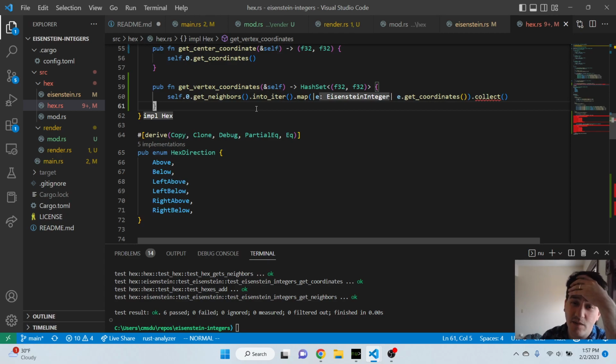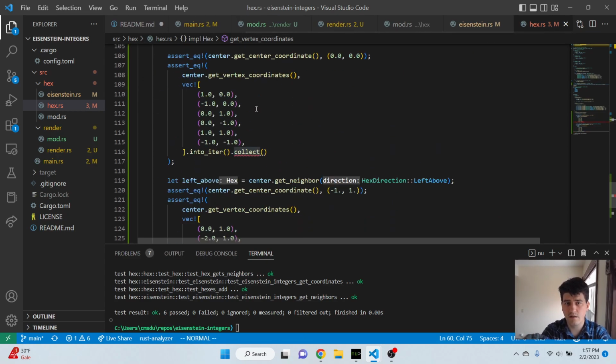Maybe I kind of want these in order also. I think I do, now that I'm thinking about it. So let's actually call this a vector. Collecting here is fine. This is not fine though. And we want these in somewhat different order.